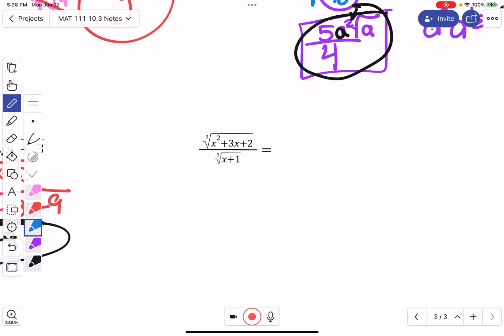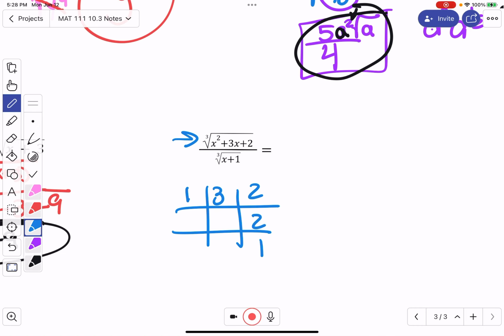This one, we have an x squared in the top, so we're going to tic-tac-toe. 1, 3, 2. 2 times 1 is 2. So this breaks into x plus 1 and x plus 2.